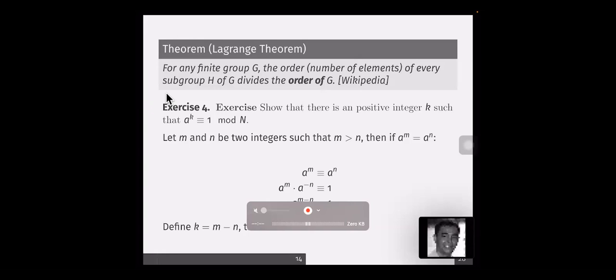According to this theorem, the order of the subgroup will divide the order of the parent group G. So ibig sabihin, the order of G is divisible by the order of the subgroup.